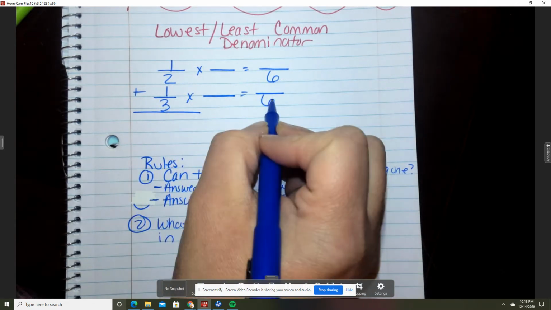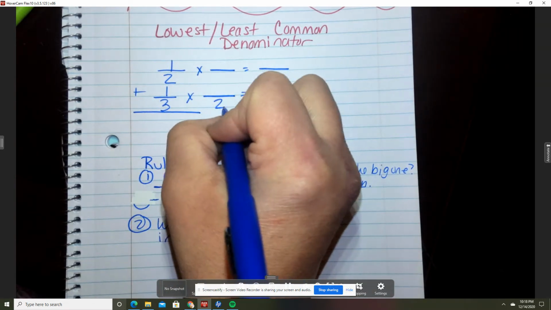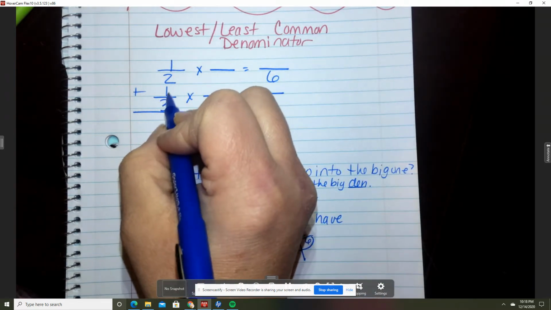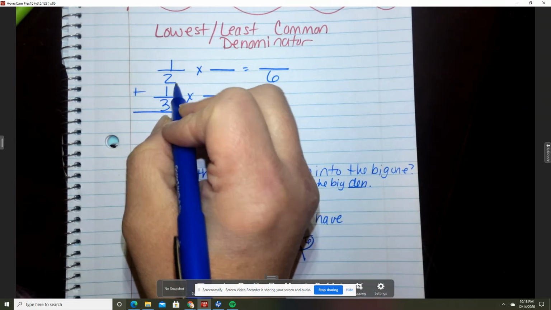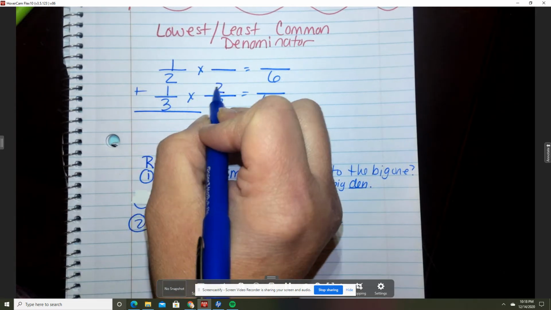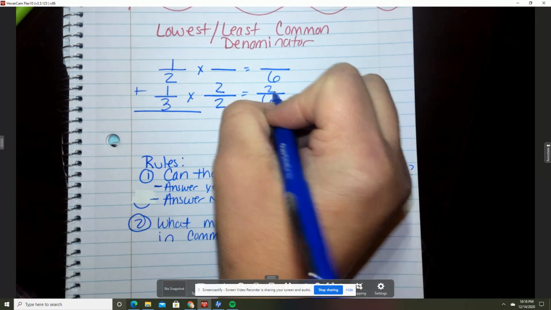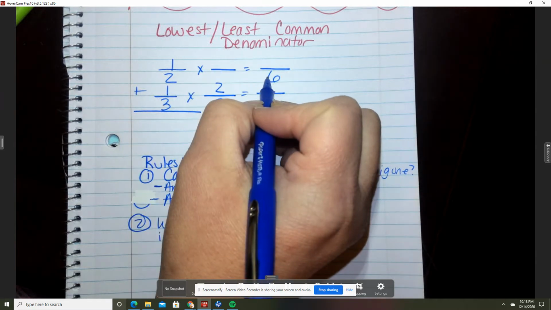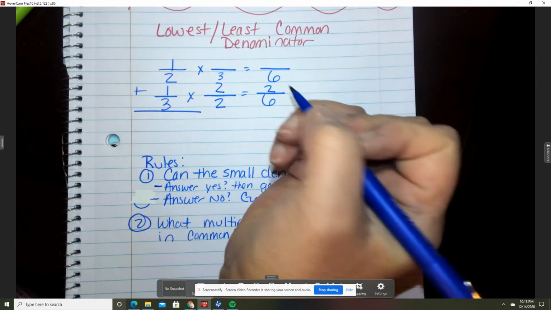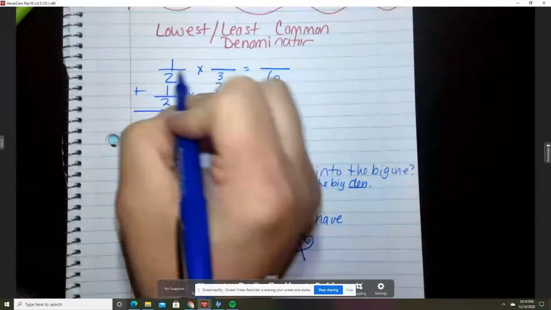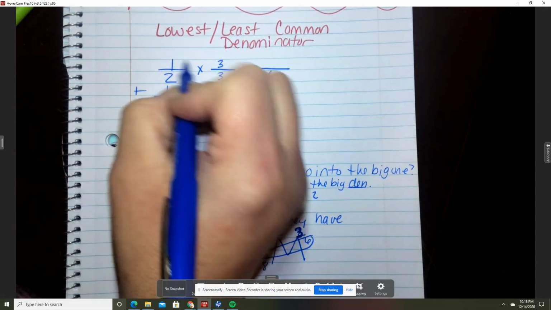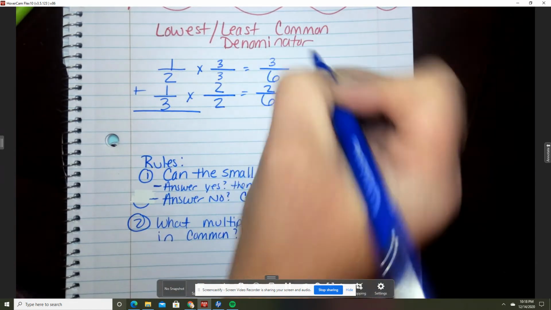Well, multiply it by 2, right? What I do to the bottom, I have to do to the top. So 1 times 2 is 2. What do I do to 2 to get to 6? Well, you multiply it by 3. What I do to the bottom, I have to do to the top. 1 times 3 is 3.